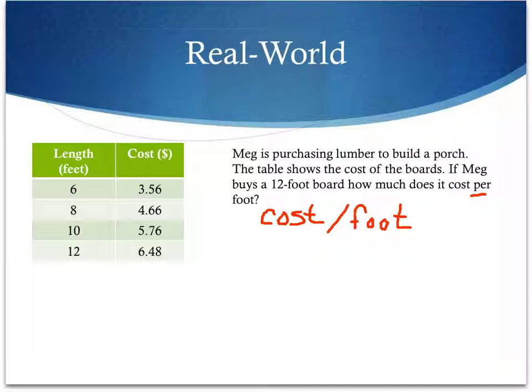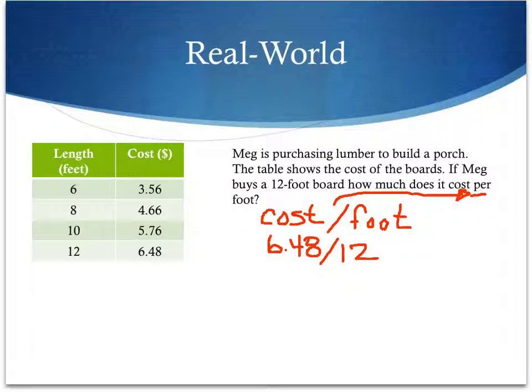A diagonal line is another way to say the word per. And we also know that a diagonal line talks about division. So the cost is the first number, $6.48, per, well, here we have 12 feet of board.